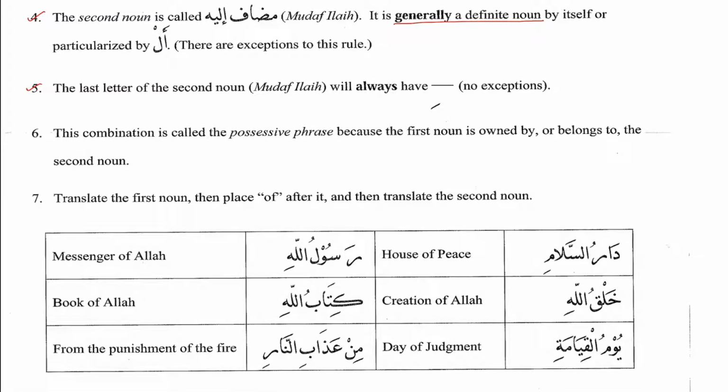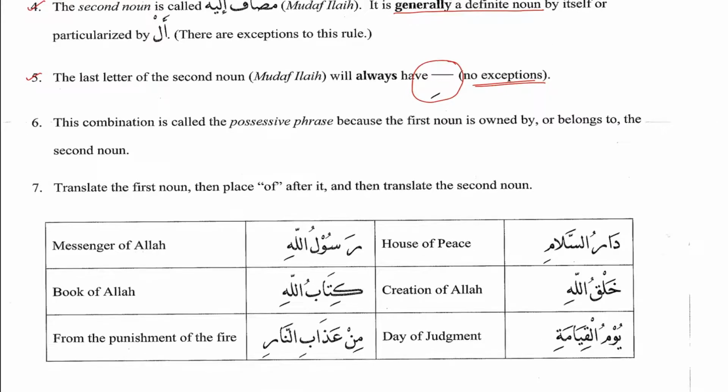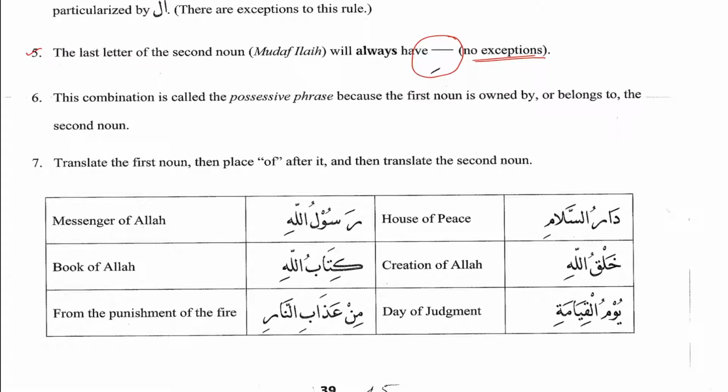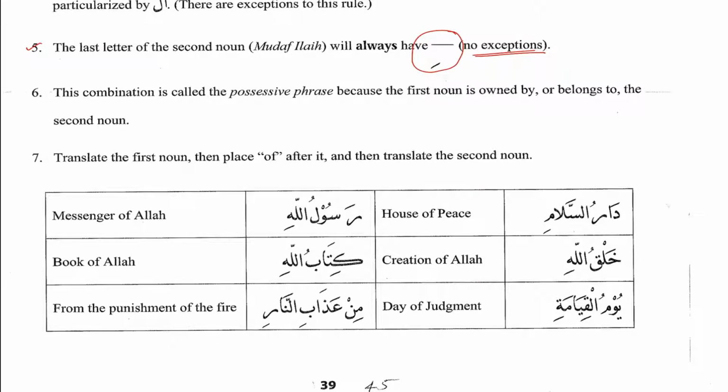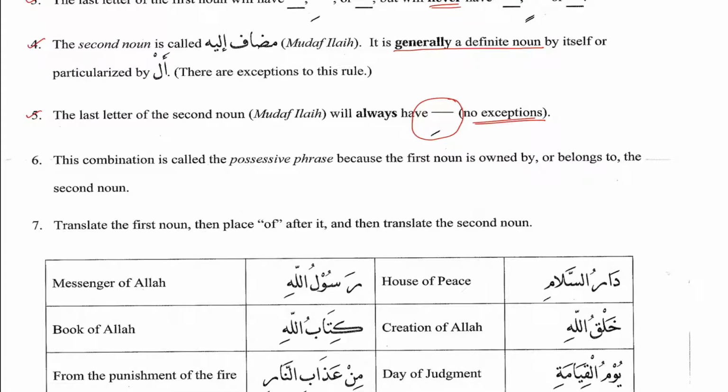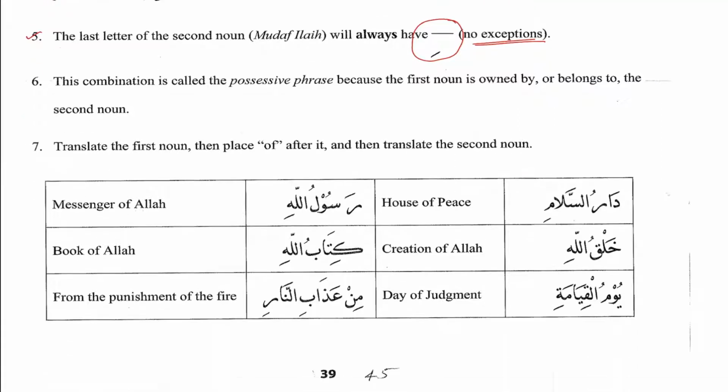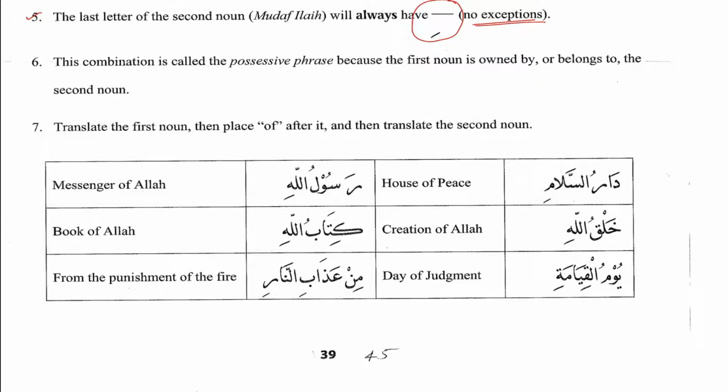The last letter of the mudaf ilaih, the noun that possesses, will always have a kasra, and there are no exceptions to this rule. This is a very common way to identify this. The first noun is owned by the second noun. This is the whole concept of mudaf ilaih.